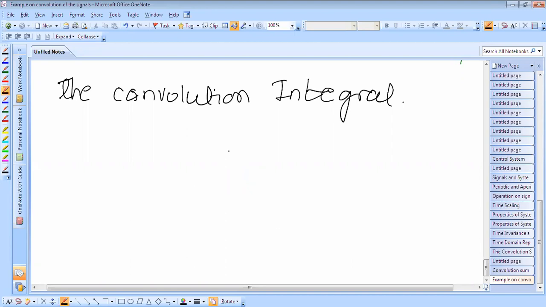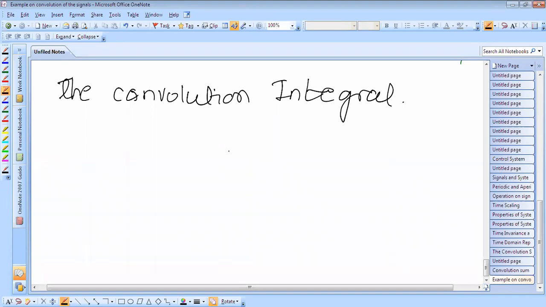Just we have seen how to find the output of a continuous linear time invariant system from the knowledge of the input and the system impulse response. We have just seen the examples. If you know the impulse response and the input signal, we can find the output of the system.